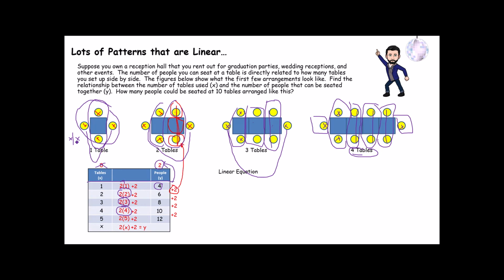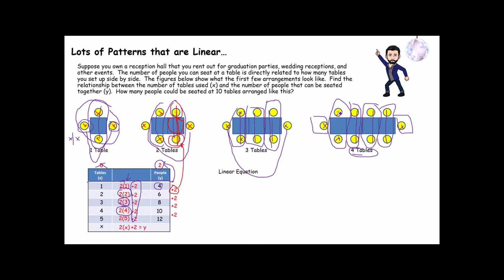But it does illustrate an interesting point. The people on the ends always have a seat. That's these 2 people right here. But every time you add in an extra table, you add an extra set of 2 that could be added to the top and the bottom.